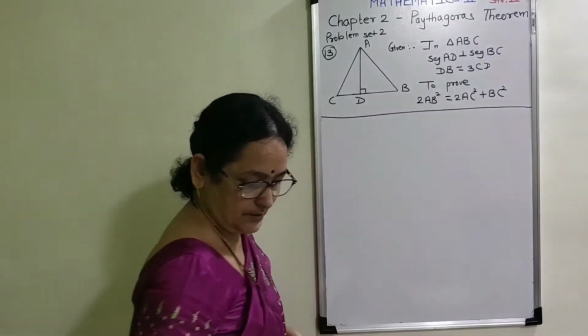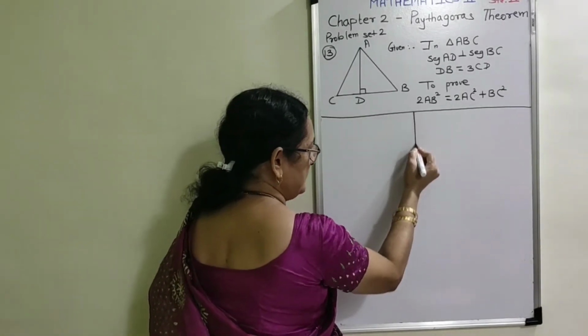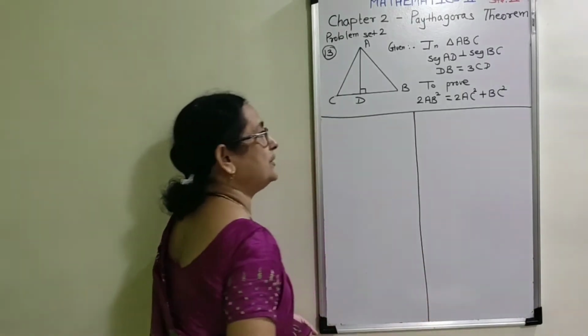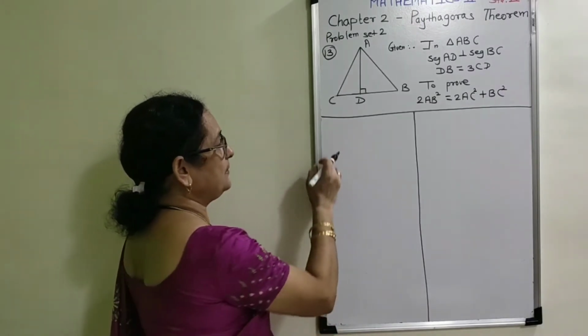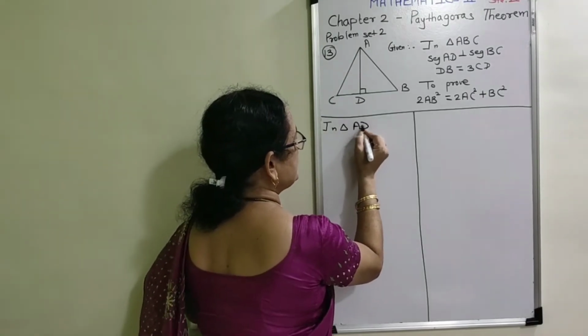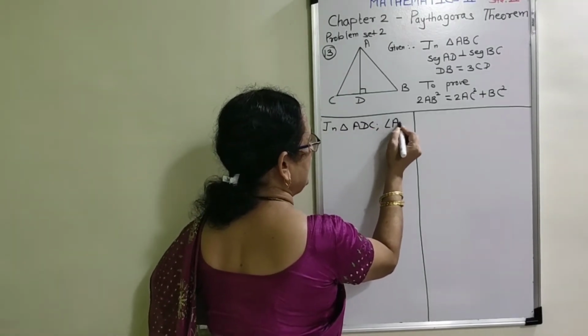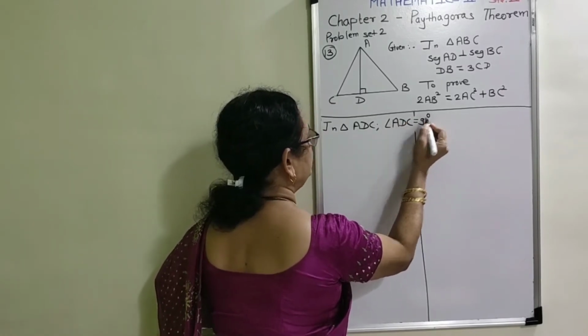Now, observe the given figure. This is the application of Pythagoras theorem. We are going to complete the given example with the help of Pythagoras theorem. In triangle ADC, angle ADC is equal to 90 degree.